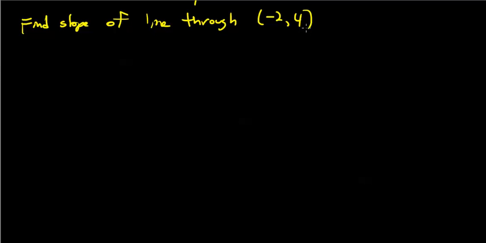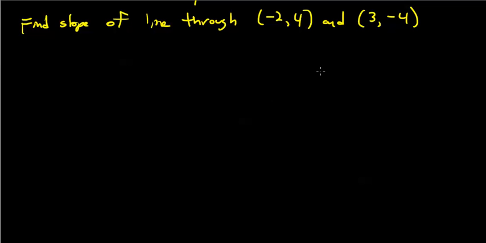Let's jump right to an example. Find the slope of the line through these 2 points, minus 2 comma 4 and 3 comma minus 4.